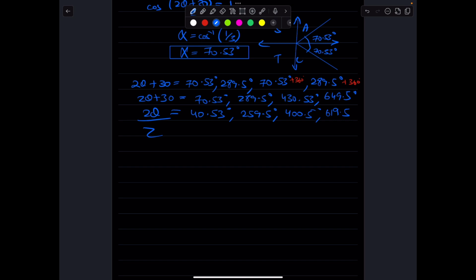Now divide everything by 2 on the right hand side and the left. So we have theta is equals to 20.3, 129.8, 200.3, 309.8 degrees.